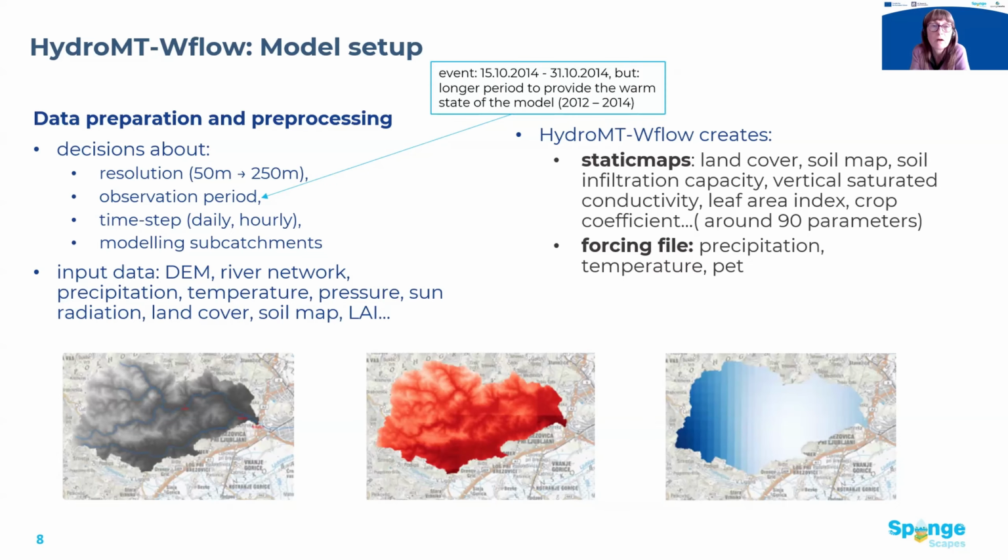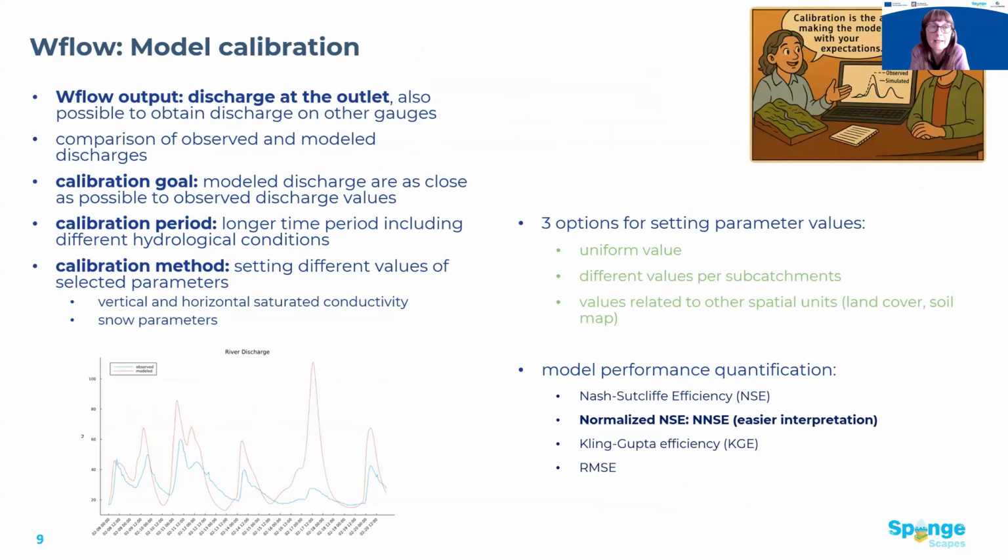So obviously the main output of WFlow is river discharge. And when we get the model discharges, we have to compare them with observed discharges. And of course, we would like the model to fit the observed data well. So we can check this by comparing the discharge curves.